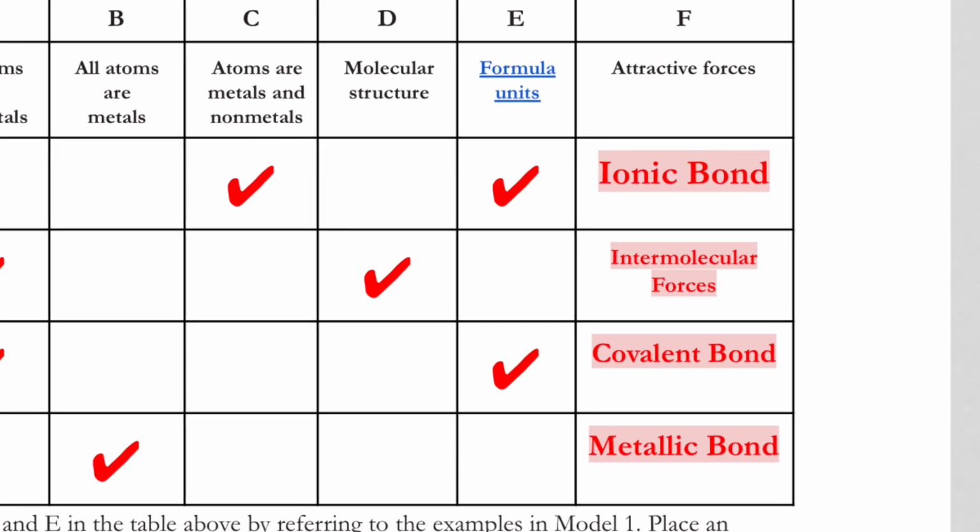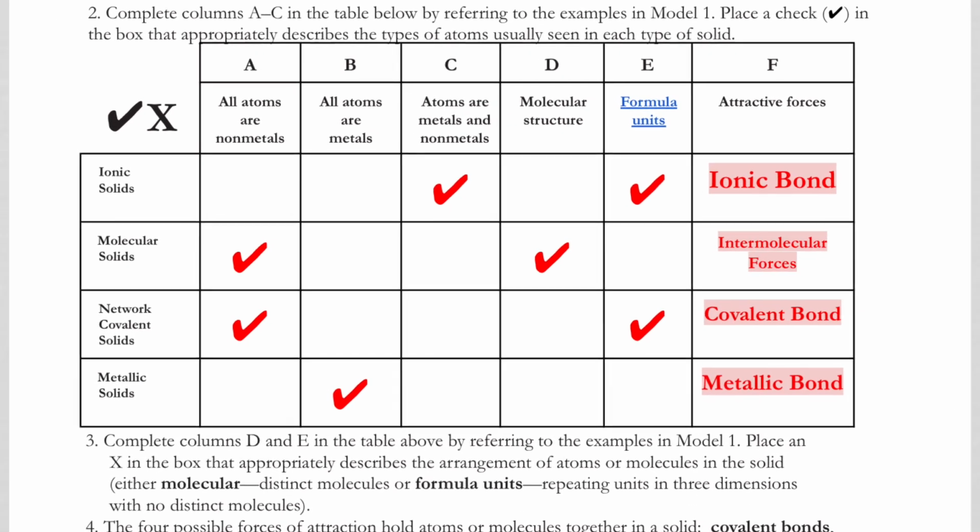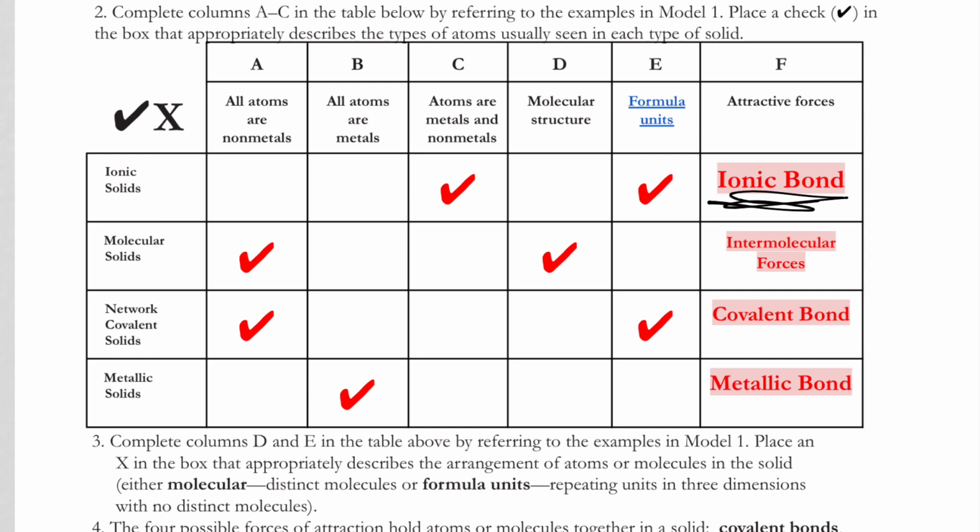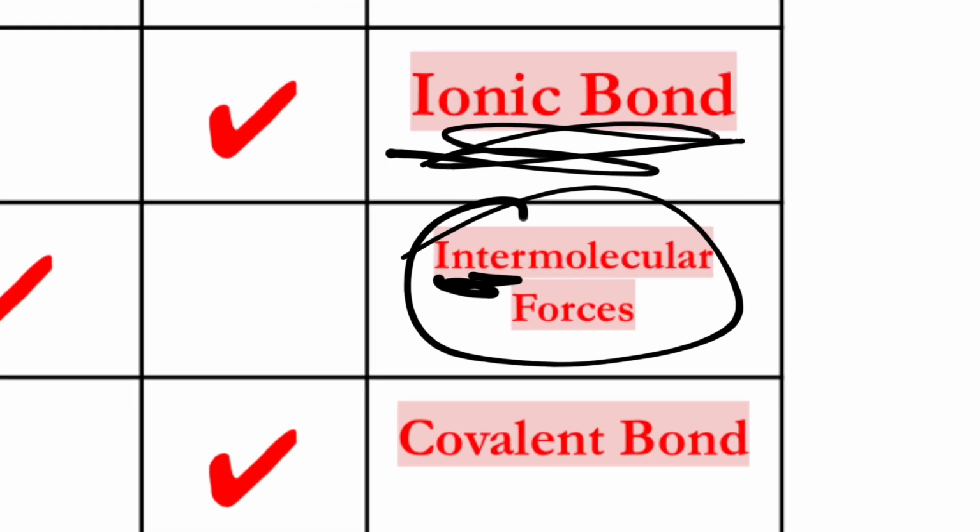And the primary attractive forces between them: ionic solids will only have ionic bonds. And this is where we introduce a new concept called intermolecular force. The key word here is inter, because when you look at the word inter, you should think about internet. Internet means between networks. Interscholastic means between schools.